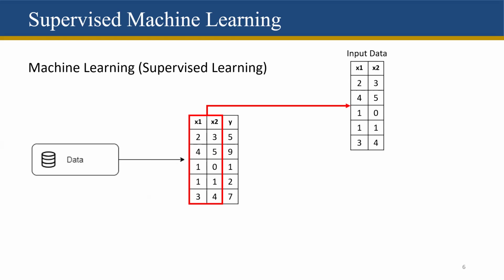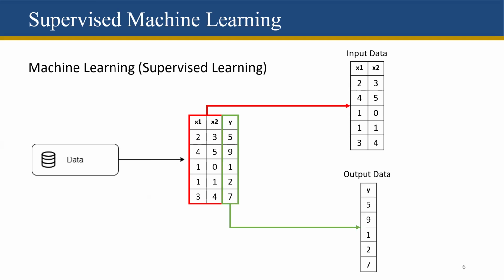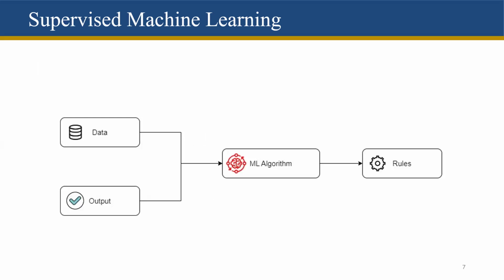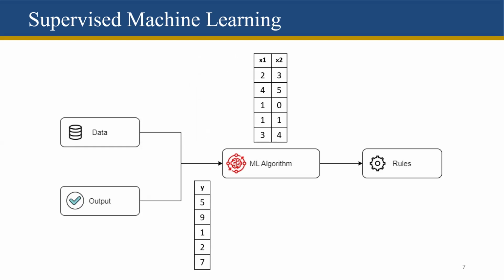So the split you see over here is going to be the input data, where x1 and x2 are the input data. And then indeed, y is going to be the output end of the data. So at the end of the day, back to our block diagram, our data is going to be this x1 and x2. We feed it into the algorithm, and then our output also comes in here with our y.